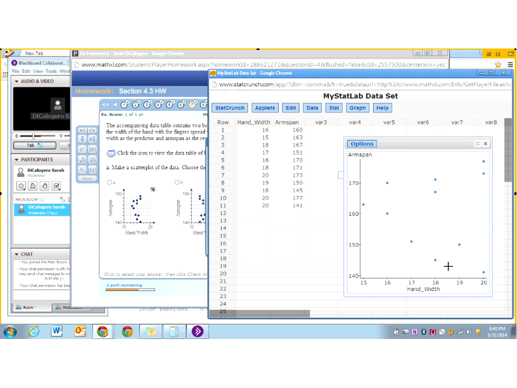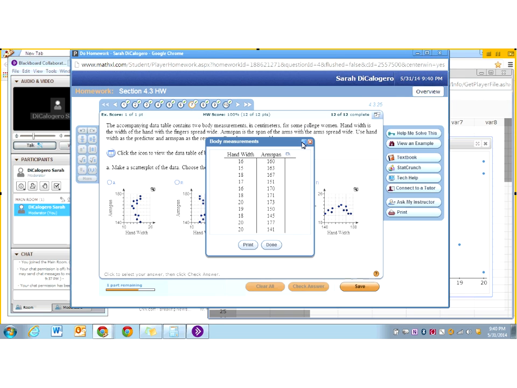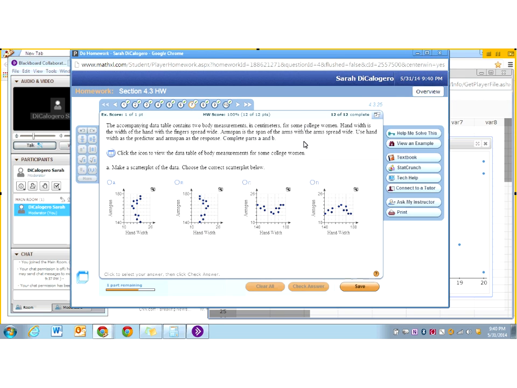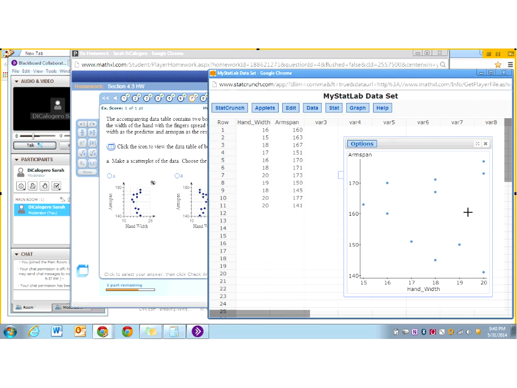It kind of looks like there's no real correlation, but let's see which chart looks most closely like this. Interesting, because this doesn't really look like anything on here. They said this was between 140 and 180 and 10 and 26.